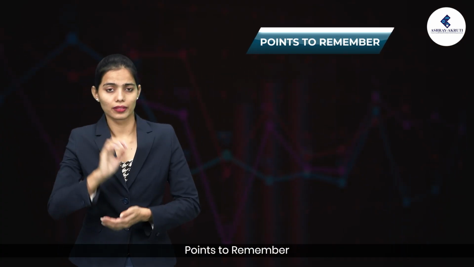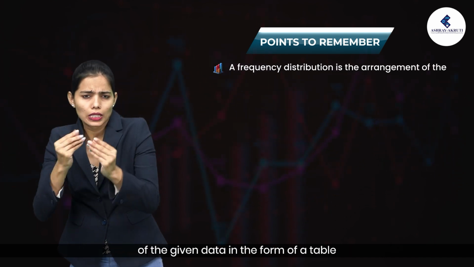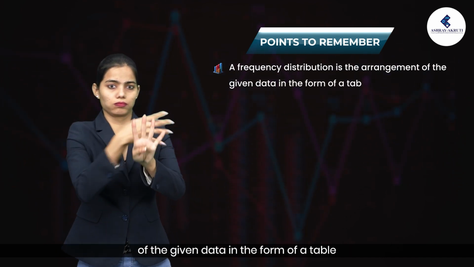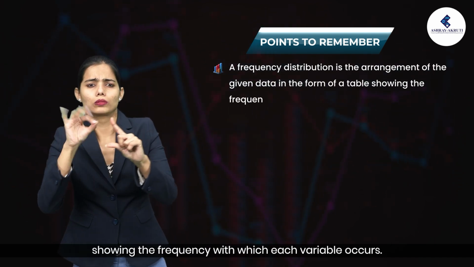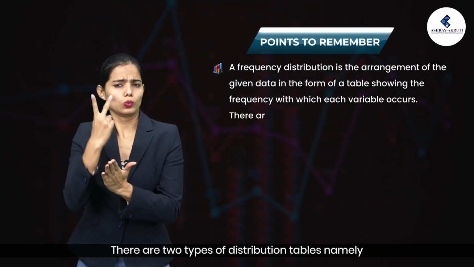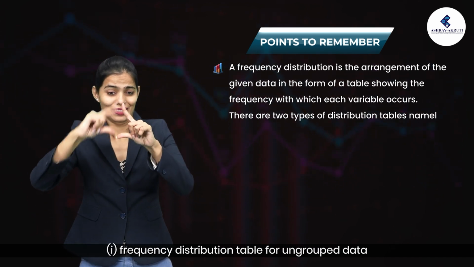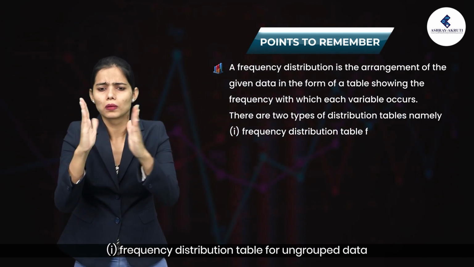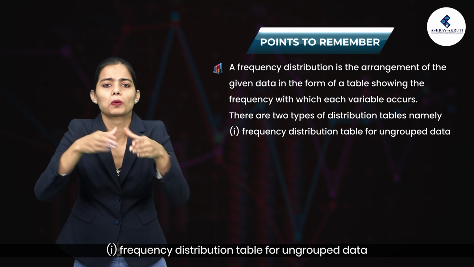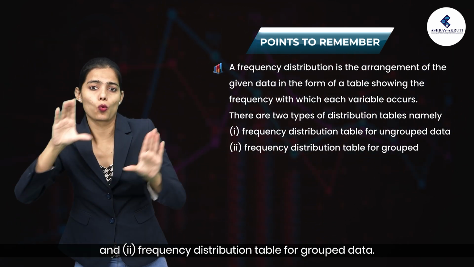Points to remember: a frequency distribution is the arrangement of the given data in the form of a table showing the frequency with which each variable occurs. There are two types of distribution tables, namely frequency distribution table for ungrouped data and frequency distribution table for grouped data.